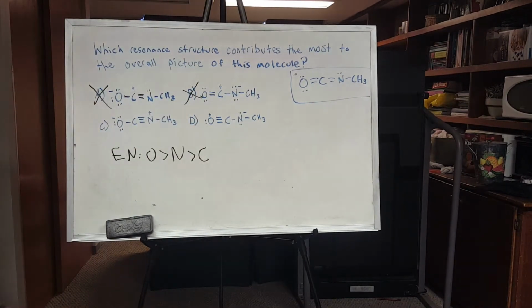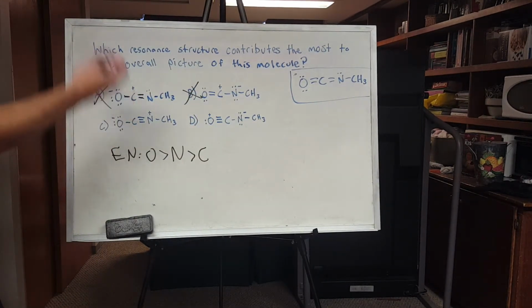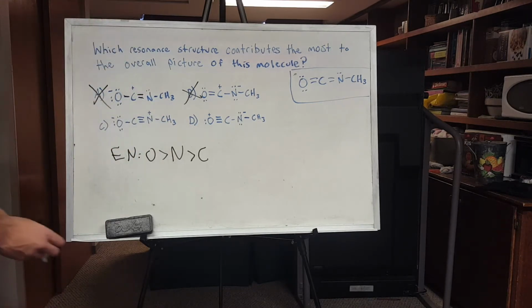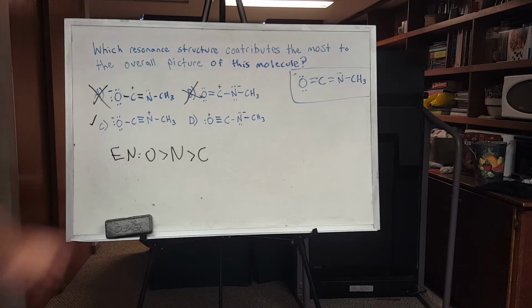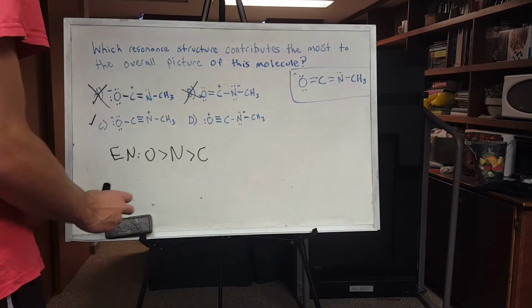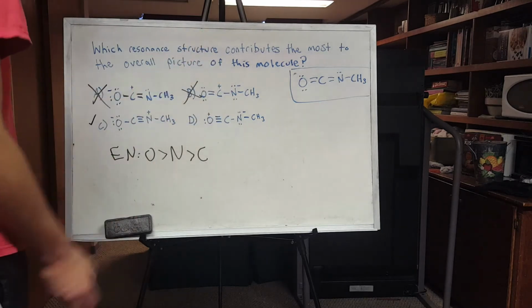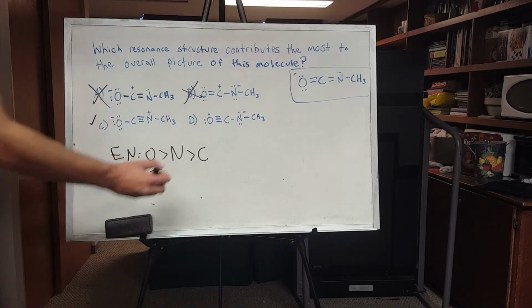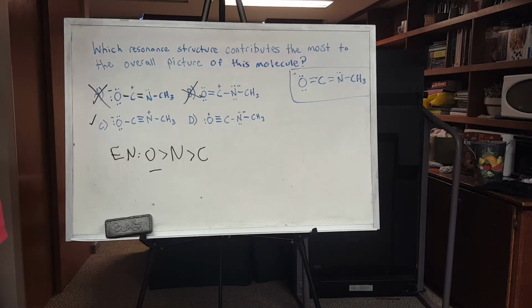Okay, so C, now we have a -1 charge on O and a plus charge on N. So that's a possibility. Put a check mark there. And this one, D, is just the opposite. We have a plus charge on O and a minus charge on N, but we prefer a minus charge on an O because that'd be the most electronegative.